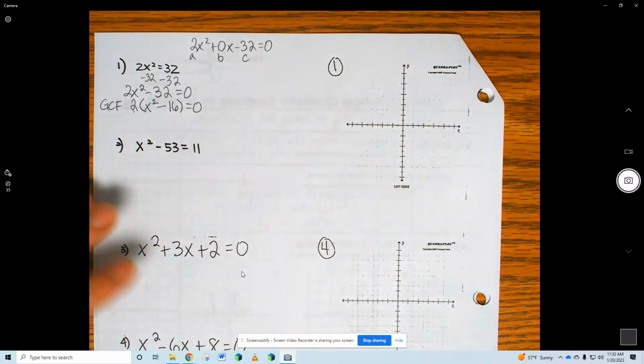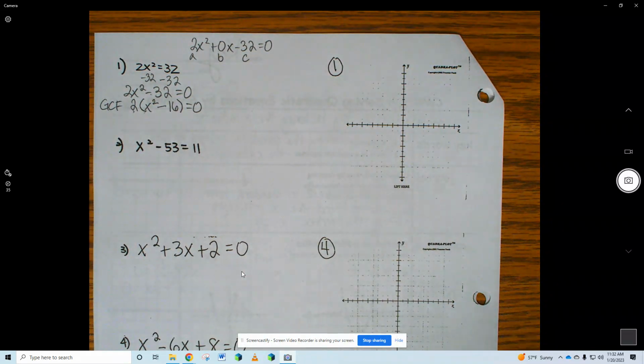Now, I'm only caring about the inside of the parentheses. The 2, I divided out. So it's just going to stay there, but I'm not going to worry about it or put it back in. I only care about the x squared minus 16. That's what I'm factoring. That's going to get me the x-intercepts.